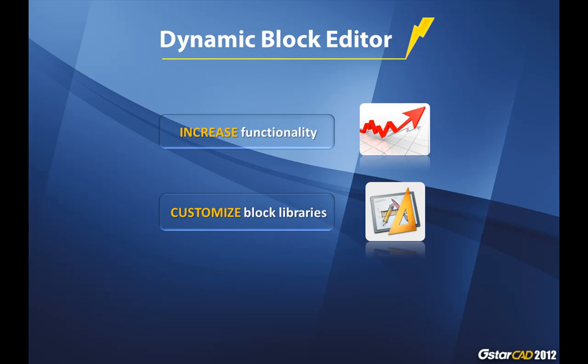And also you can customize your block libraries. That means if you have a group of single blocks, you can group them and show them one by one. So you don't need to find one by one from your tool palette. You can customize your block libraries, or you can customize your own design.